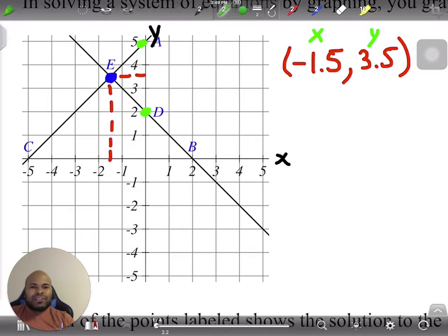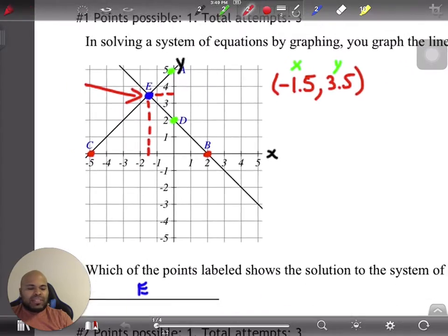Remember, the intercept is wherever the line crosses the y-axis. That's why it's called the y-intercept. How about the x-intercept? Where are the x-intercepts for these? Well, I'm going to draw this in red. And the x-intercept is wherever these lines cross the x-axis. So from left to right, that will be a -5, so C, and a +2, B. Okay, so those are the points that they label. Just make sure that you know the solution to the system of equations is that point.